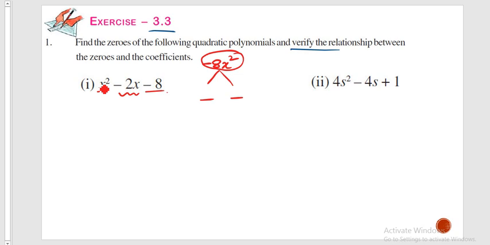Now since it is minus 8x square, so 1x I am giving to this and the other to this. So when I multiply, I will be getting x square. When I add, then again we are going to get some times of x, right? Now minus 8. So how can I split this minus 8? What are the factors of minus 8? 1 8s or 2 4s, likewise 4 2s.